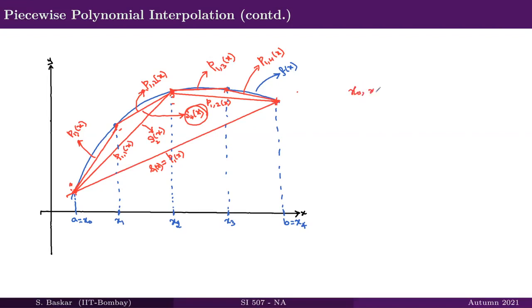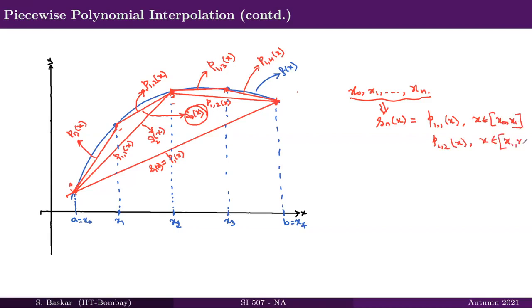Similarly, we can introduce x0, x1 up to xn and get the piecewise linear polynomial interpolation Sn(x), which is given by P1^1(x) for x in x0 to x1, P1^2(x) in the interval x1 to x2 and so on, P1^n(x) in the interval x_{n-1} to xn.